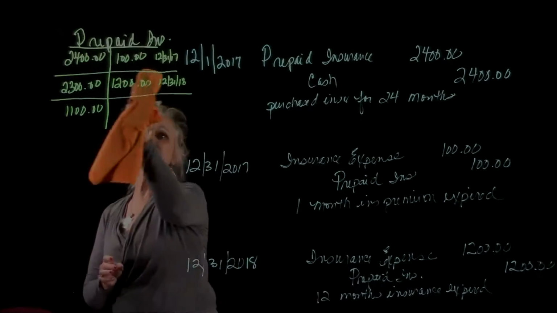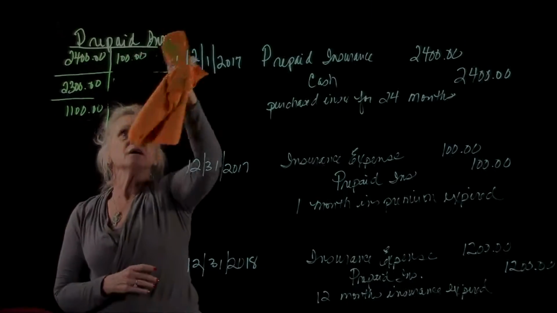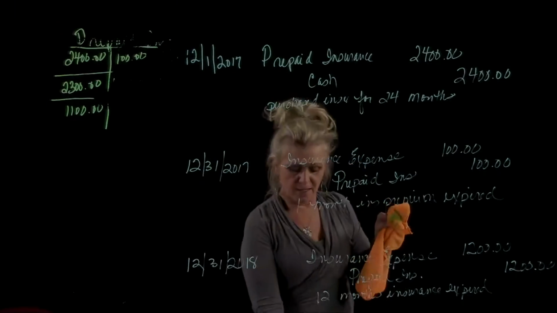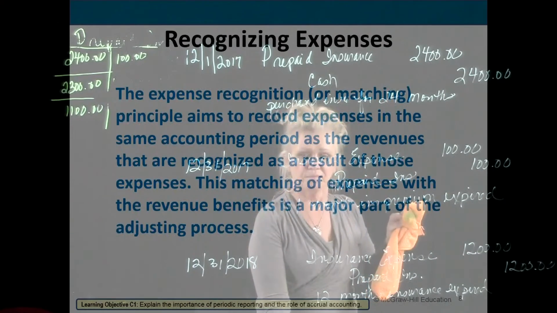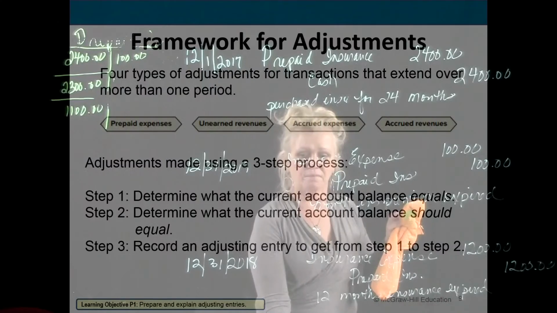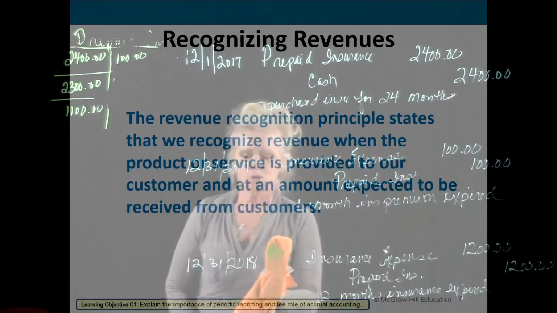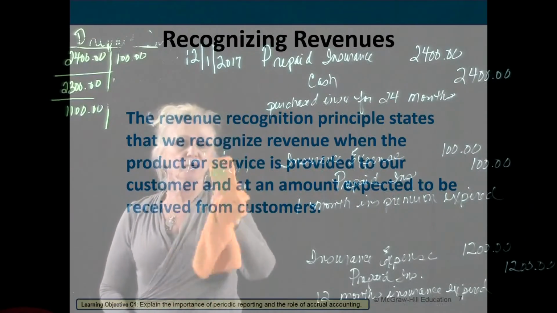So there are some classic prepaids that we do. For instance, prepaid insurance. I'm going to go back a couple because it's revenues and expenses that we're going to look at.